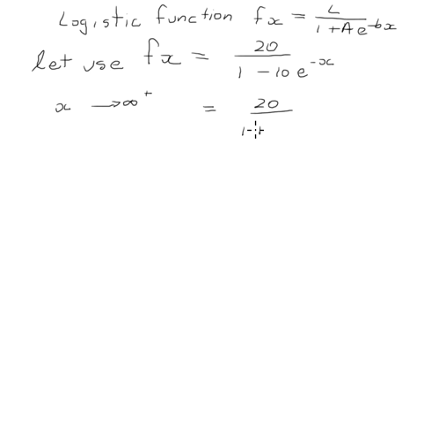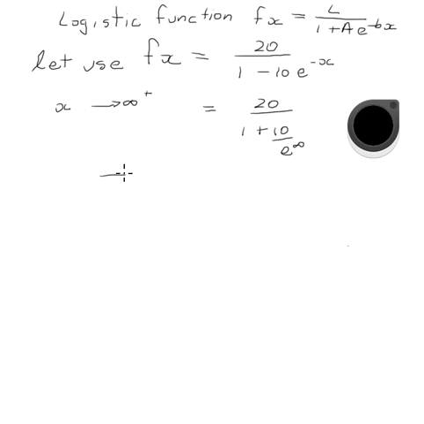so if x is positive infinity, it will be e to the negative infinity, and instead of writing e to the negative infinity, we can write 10 over e to the positive infinity. 10 over a huge number approaches 0, and therefore the whole function is 20 over 1, and therefore that will approach 20.